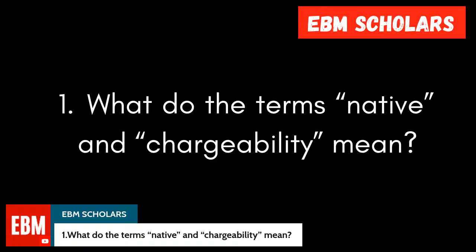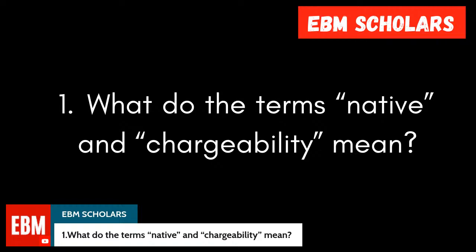Let me give an example. I was born in Tanzania, but right now I'm a citizen of the United States of America. But that doesn't mean that I was born in the United States. I'm a naturalized citizen. So no matter where you are born, that is where the country of eligibility is.